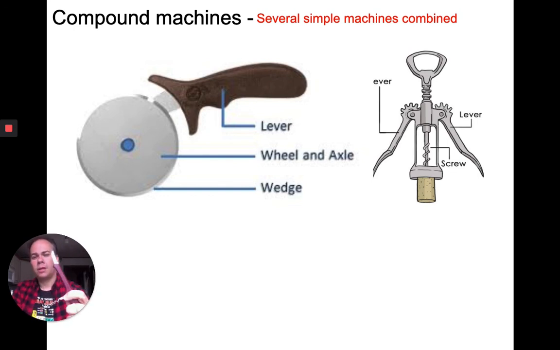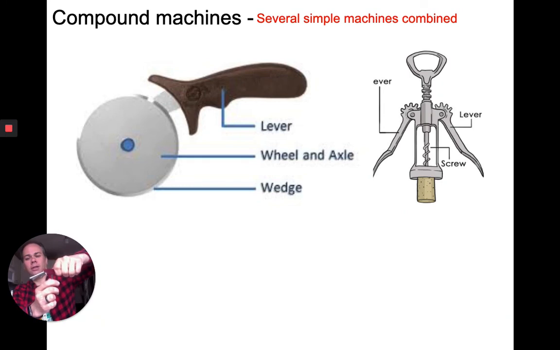What we have is, again, a compound machine. I have this blade area here that you cut the foil off of a bottle of wine with. You have this screw section that you screw into the cork. This is also actually a wheel and axle. This is the axle. The wheel is this part that I'm turning.